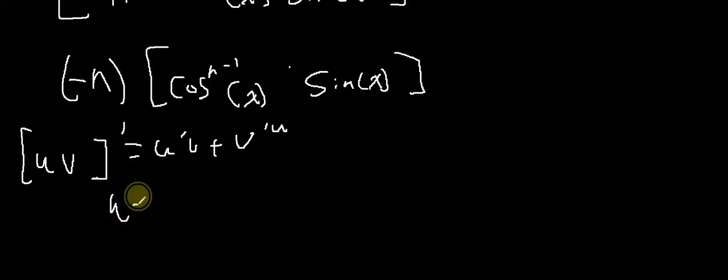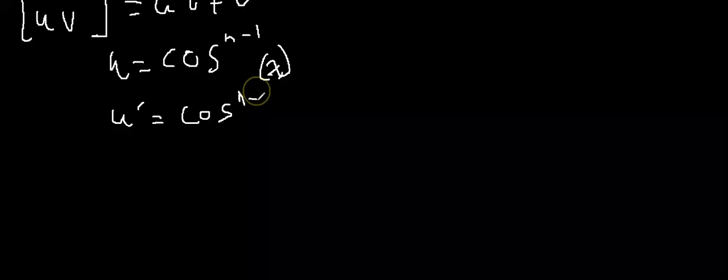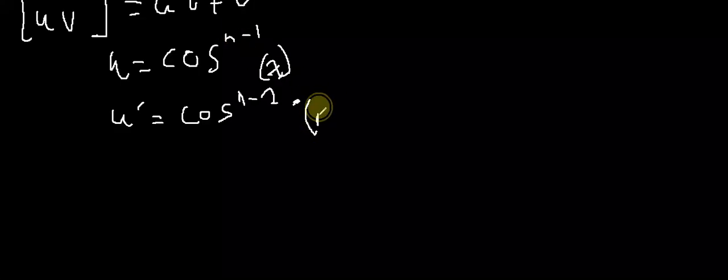So here u is equal to cosine to the n minus 1 of x, and u prime is equal to cosine to the n minus 2 times, now reminder, don't forget about this n minus 1, so times n minus 1.